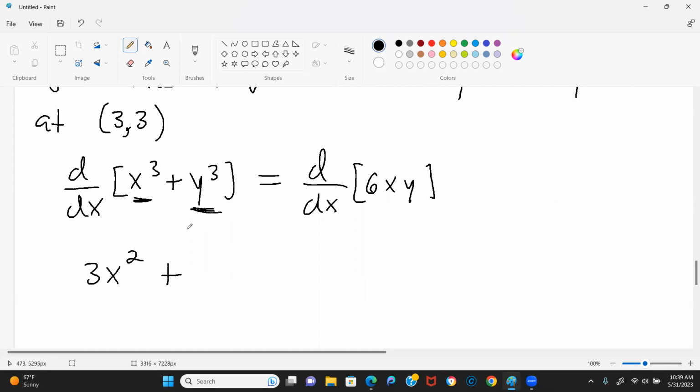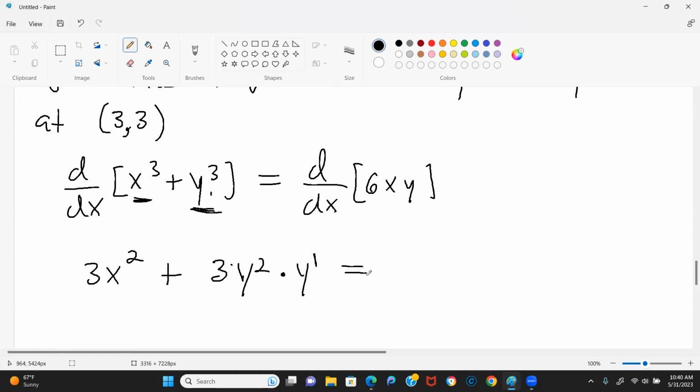But for y cubed, I have to use the chain rule together with the power rule, because it's y composed with x. By the chain rule, I take the derivative of the outside function, cubing: I bring the power down and reduce it by 1 to get 3, and I have y squared. Then I compose that with the inside function, so I get y squared times the derivative of the inside function, y prime.